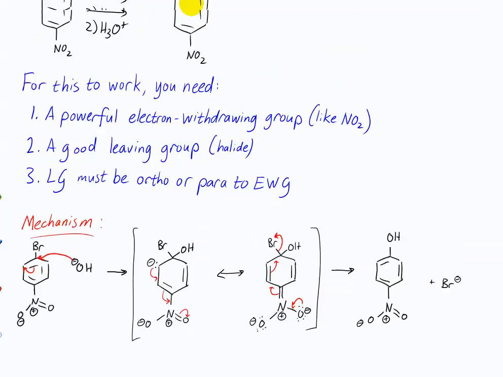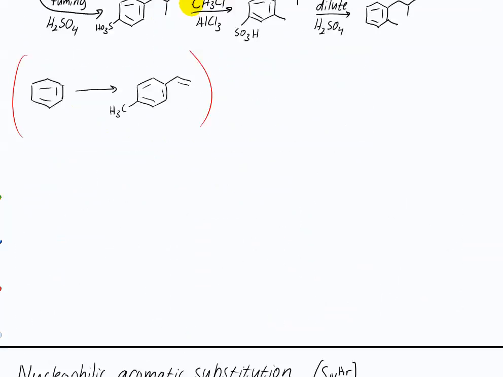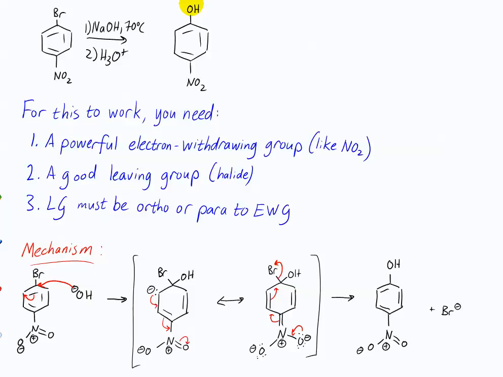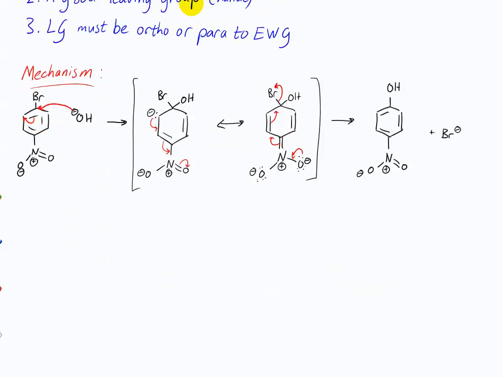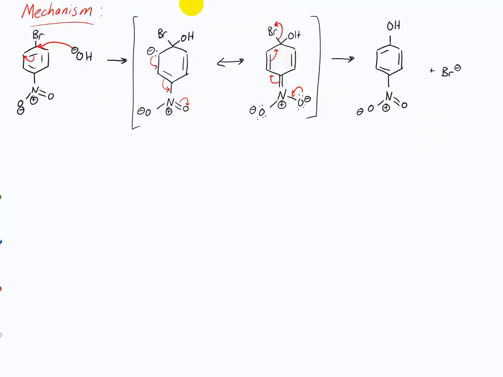So any questions about that so far, about that mechanism or that reaction? Okay. Those 3 rules are key to getting this to happen. Now there's a similar reaction that we'll also talk about here called elimination addition.